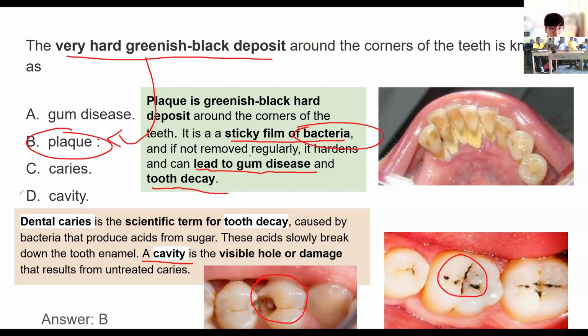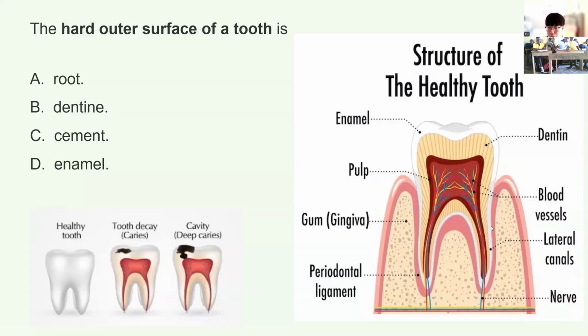Okay, so let's move on. A little bit more about the tooth. Can anyone answer this question? The hard outer surface of the tooth is called what? And you can look at the picture on the right too.